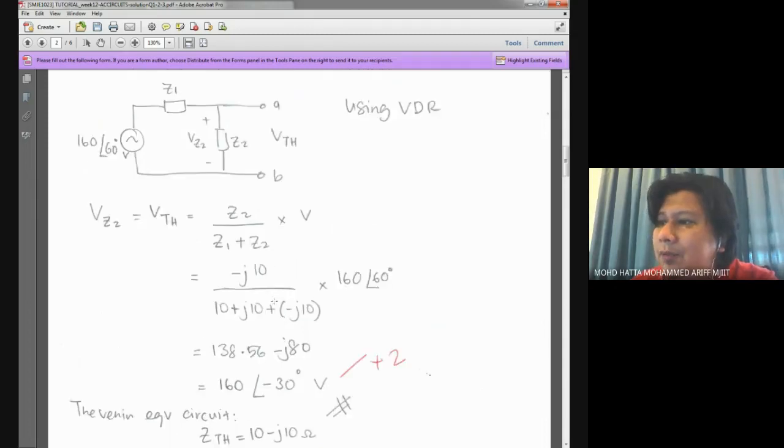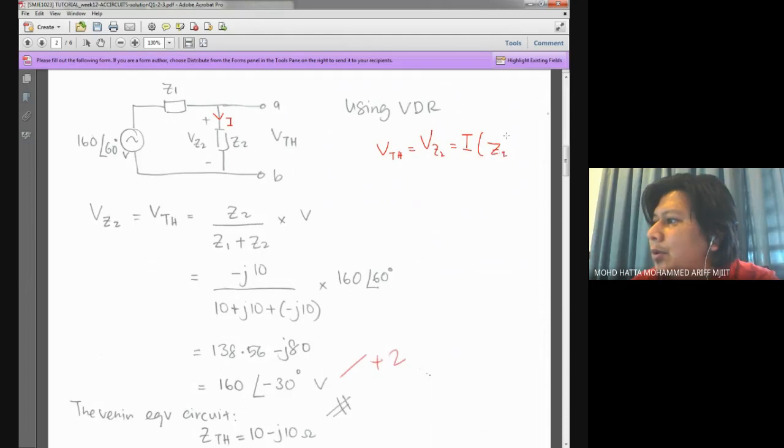And apart from using the voltage divider rule, you can also use simple Ohm's law, where if you know the current flowing through here, let's say I label it as I. So if I would like to have the value of VTH, VTH is also equal to the voltage across Z2, and can be calculated using I times Z2.